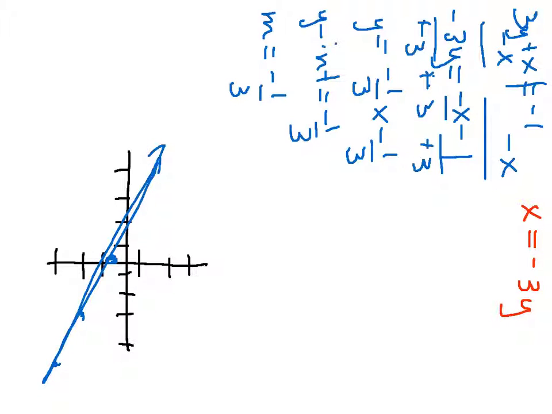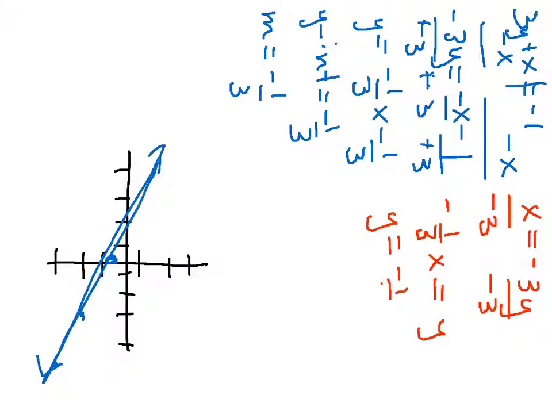And if I take a look at this one in the red here, I'm going to divide everybody by negative 3, and that's going to give me negative 1/3 x is equal to y. And let's flip it and say y is equal to negative 1/3 x.